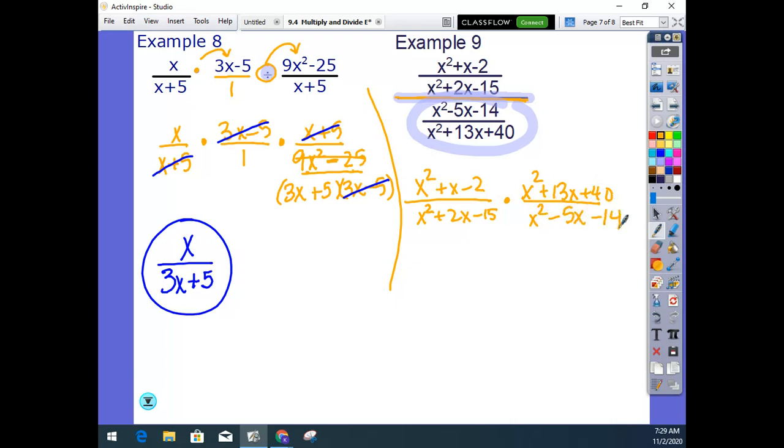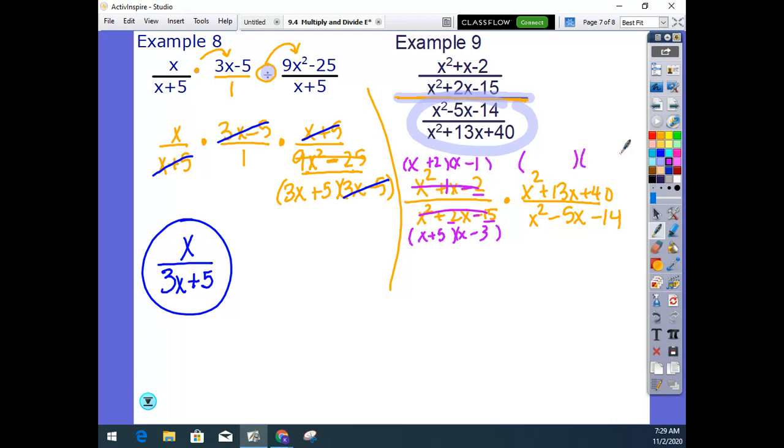Then I just need to factor, factor, factor, factor. All right, no GCF. So I'm going to want factors of 2 that subtract to get 1, plus 2 minus 1. Now I want factors of 15 that subtract to get 2, plus 5 minus 3.